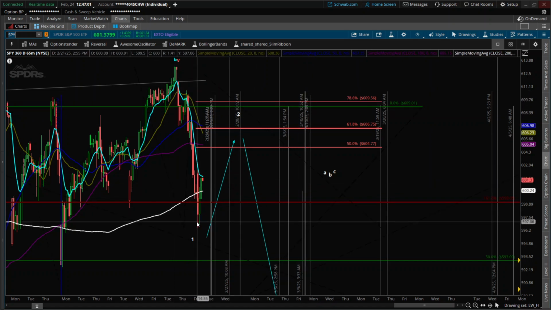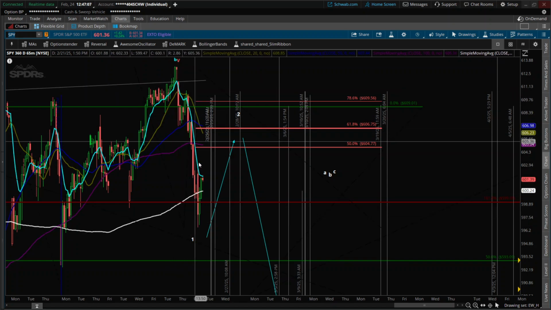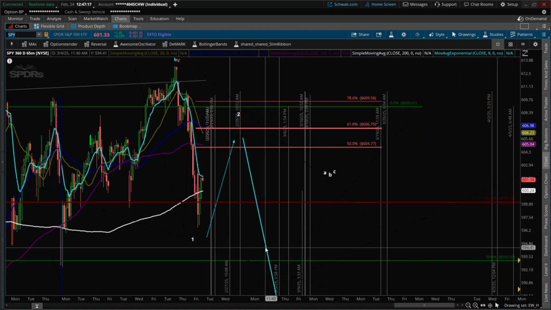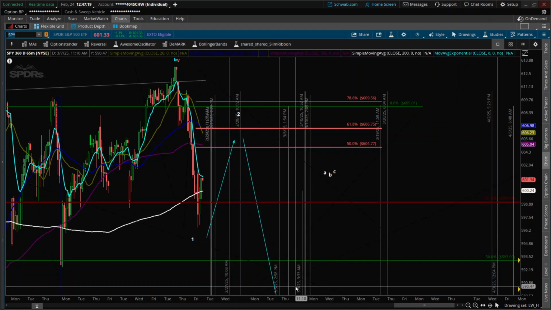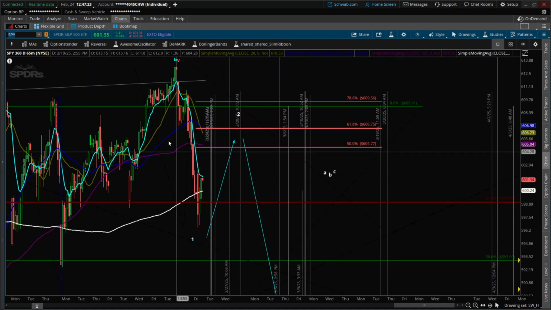But that would lead me to believe that this would be not just a correction, but an ABC into a wave 1, and then an ABC into 2, ABC into 3. So it'd be a leading diagonal where SPY would be a little less impulsive, wouldn't be as large and clean a move as QQQ.